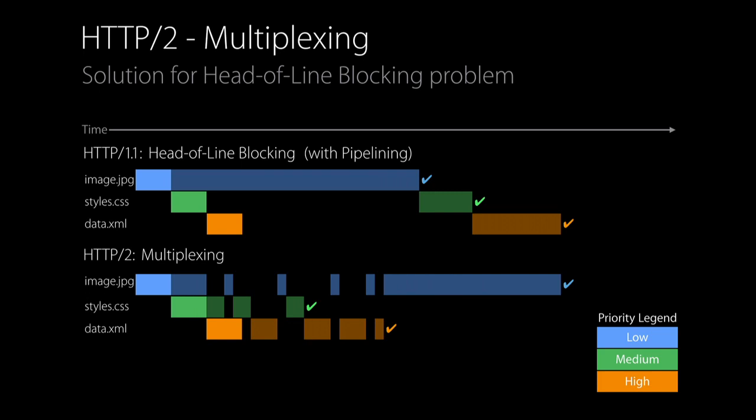You see that the second response with the medium priority and the third response for requests with a high priority arrive prior to the first response, even though they were scheduled later. The image does not block them anymore, and this is great for your applications and the performance. Let's continue with the comparison.